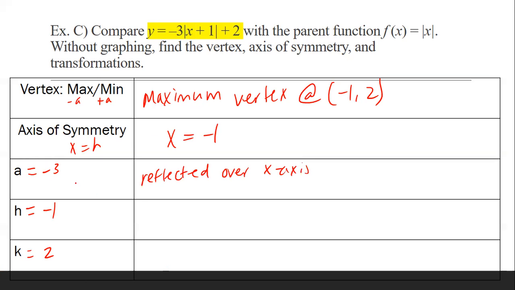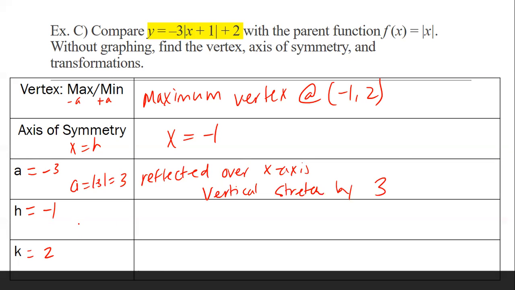And then the absolute value of our A equals 3, and so it's a number greater than 1. What does that mean? Is that a stretch or a compression? It's a stretch. So we have a vertical stretch by 3. So it reflects over the x-axis and there's a vertical stretch by 3.